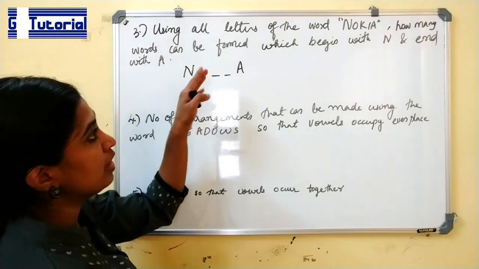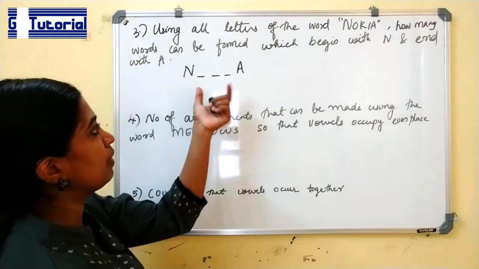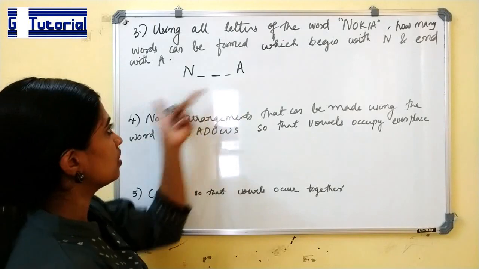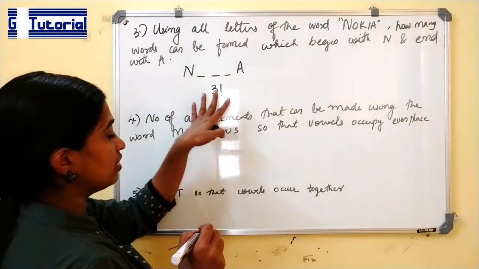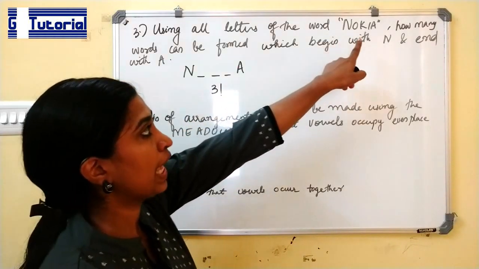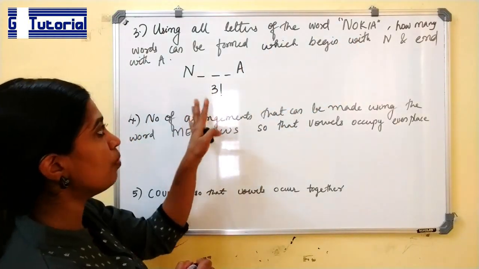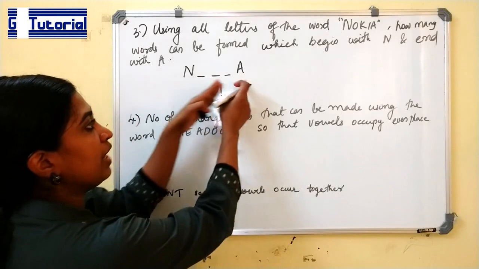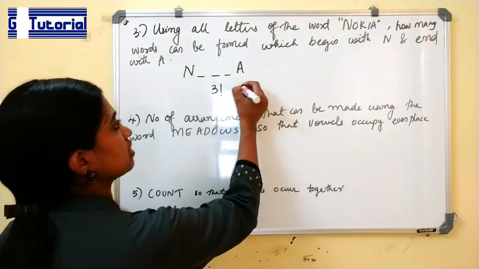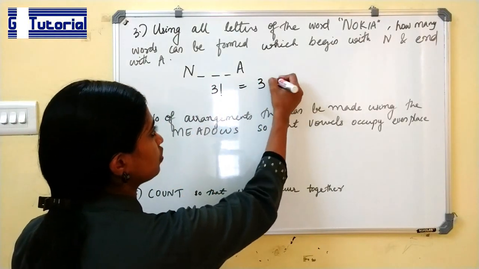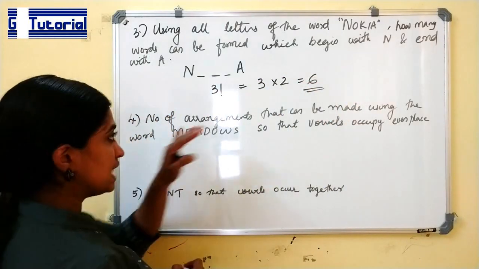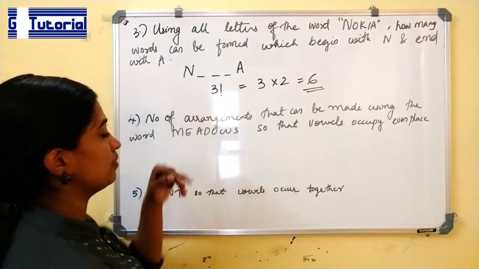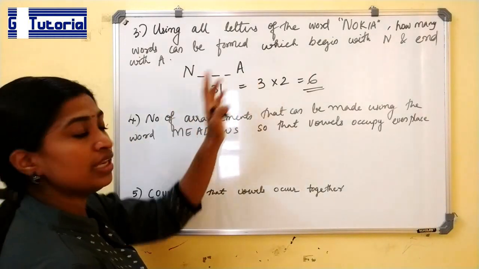We have to find the number of words that can be formed in such a way. There are only 3 places, so 3 factorial ways. In 3 factorial ways, O, K and I can be arranged to form a word beginning with N and ending in A. So the answer is just 3 factorial, which is 3 into 2, 6 ways. So 6 words can be formed in such a way, beginning with N and ending in A.